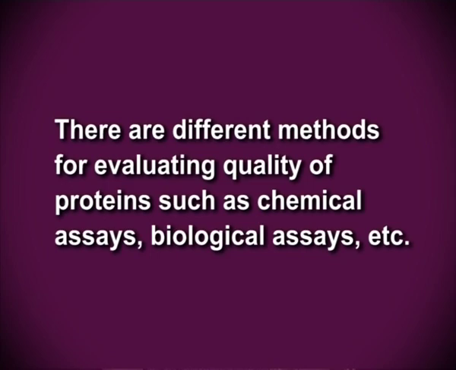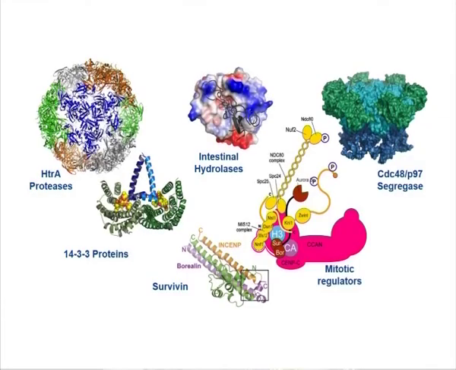There are different methods for evaluating the quality of proteins, such as chemical assays, biological assays, etc. One of the methods of evaluating the quality of protein is by experimentally determining the biological value or BV. The biological value measures the ability of a protein to support growth and maintenance.